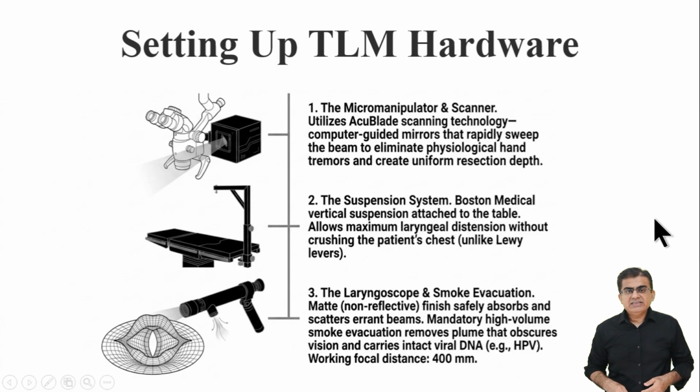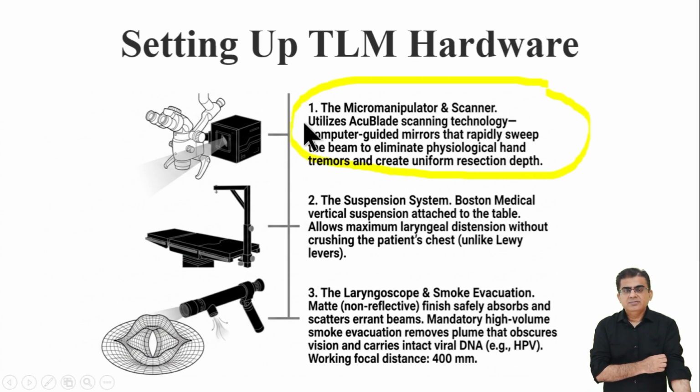Let us look at the specialized hardware we need in the operating room. We call this the anatomical hardware chain. Look at the top of the diagram on your screen. This is the micro manipulator and the scanner. This device attaches directly to your surgical microscope.